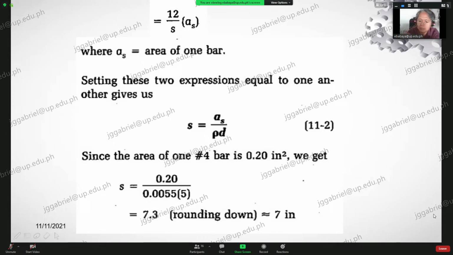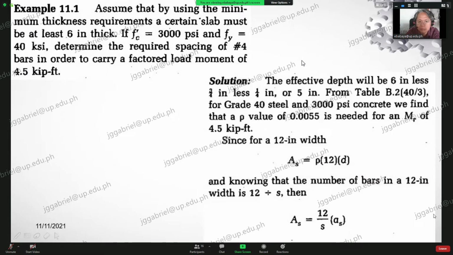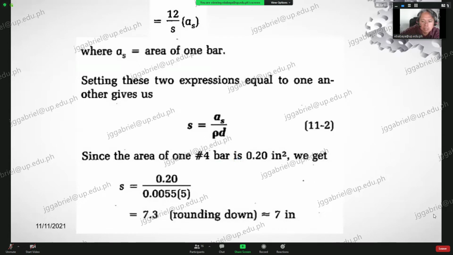Okay. Wala, sir, paano nakuha yung 5? Because originally, diba, you have 6 inches and then minus the cover, minus that was mentioned here, no? Effective depth will be 6 inches less 3/4 less 1/4. So nag-alis ka ng 1 inch, no? So therefore, it's 5 inches. Yun ang effective depth natin. Okay?